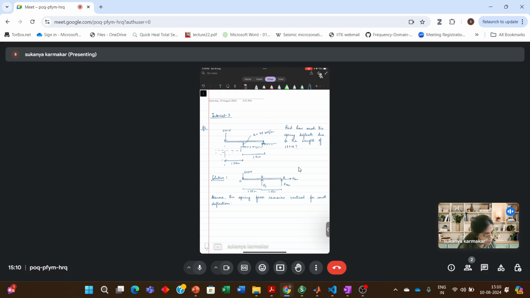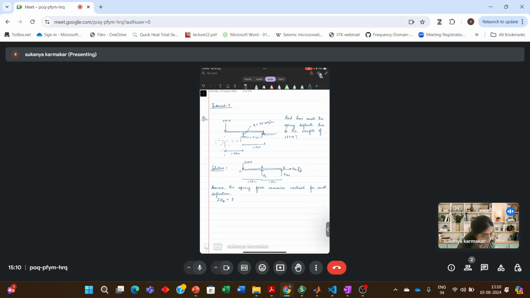For that, the easiest way will be to take the moment about point A. Then the forces FAX and FAY will not appear in the moment equation and Fs can be calculated. So the summation of moment about point A is equal to 0. Let's take clockwise moment to be positive.